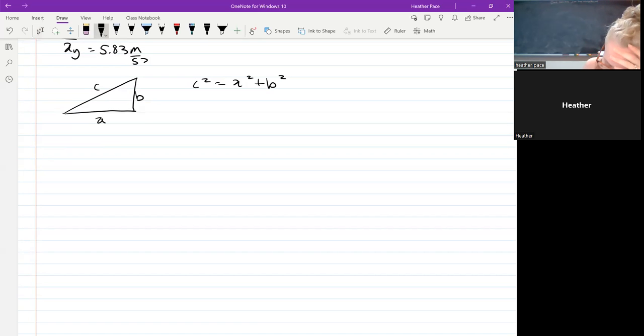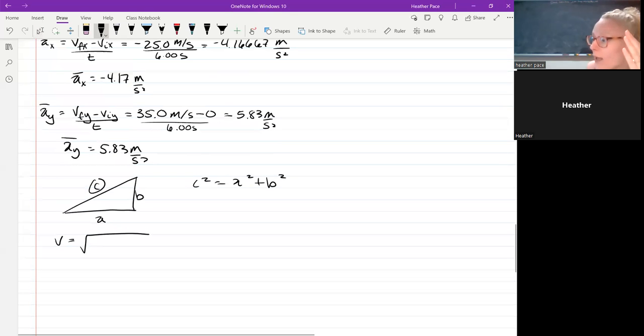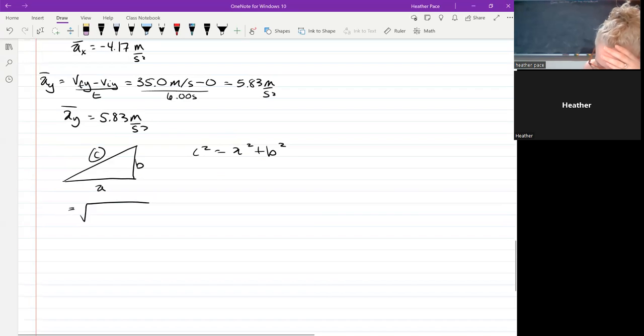We want this. So it's going to be the square root of, we want acceleration, not velocity, it is going to be a x squared plus a y squared.